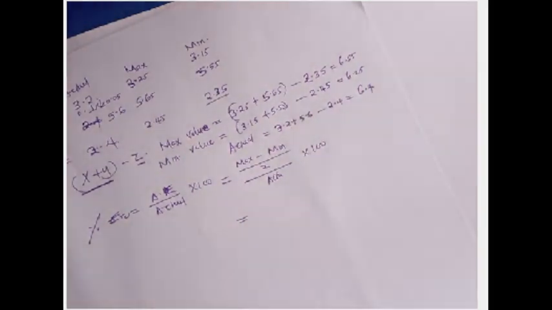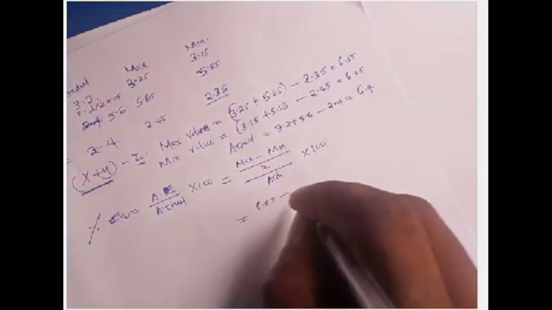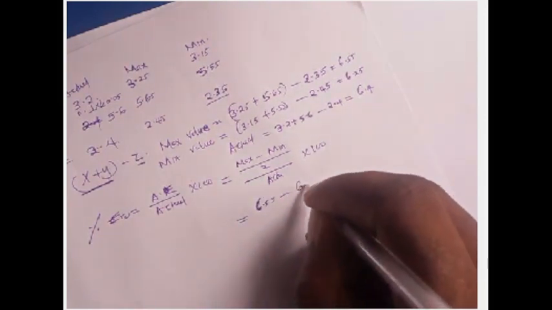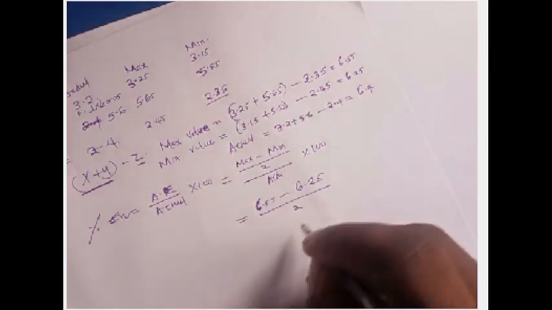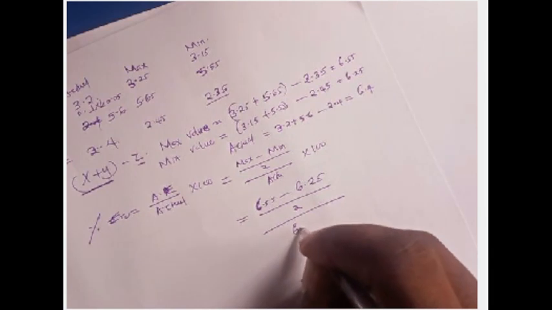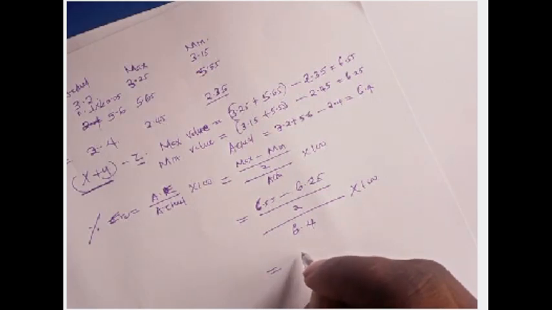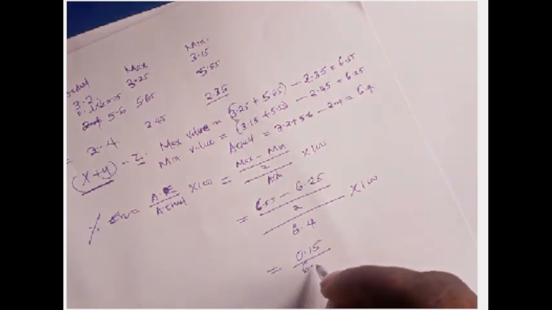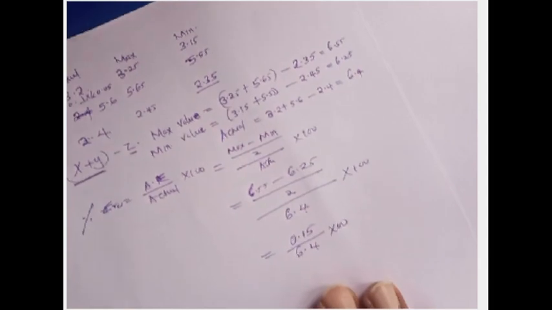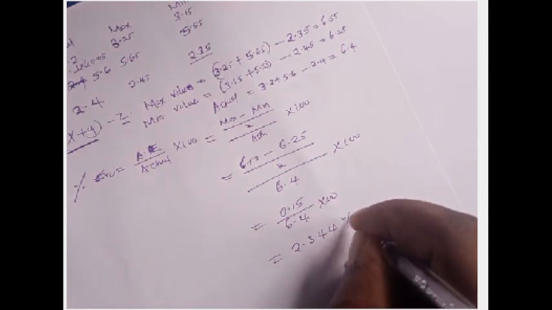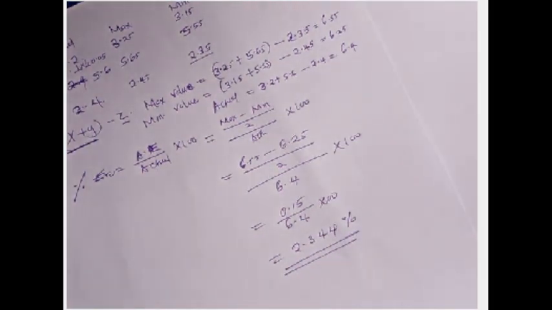Our maximum value for this one is 6.55 minus the minimum, which is 6.25, divided by 2, then divided by the actual 6.4, then times 100. This gives us 0.15 over 6.4 times 100, and this gives us a percentage error of 2.344%. That is how we approach this question.